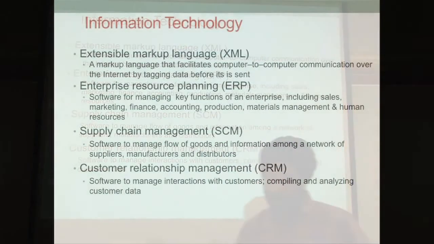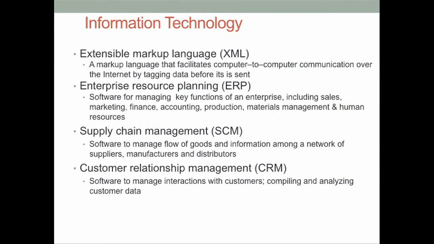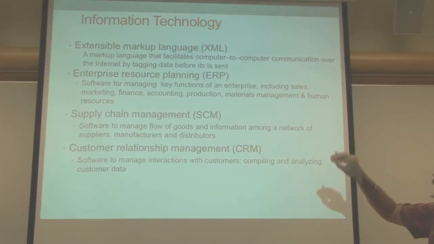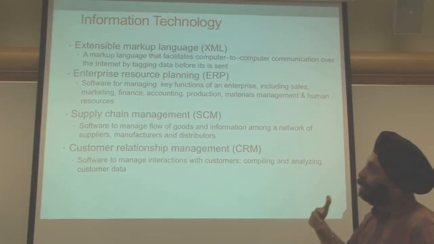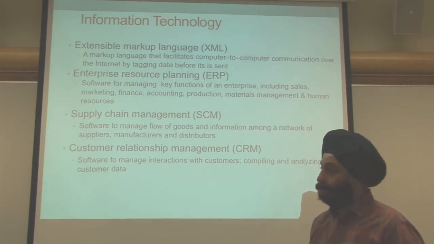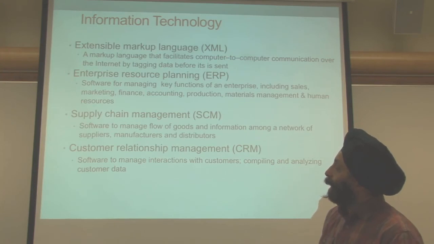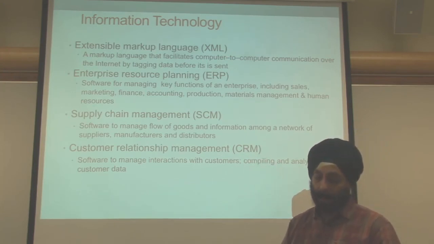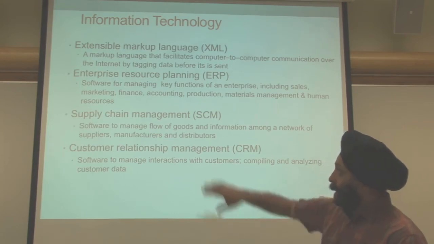And then you have XML, extensible markup language, which is the language of the internet. Many of the documents now are set up in XML for ease of a common language that is used over the internet. And ERP, enterprise resource planning, again, we'll discuss this in a later chapter in more detail.